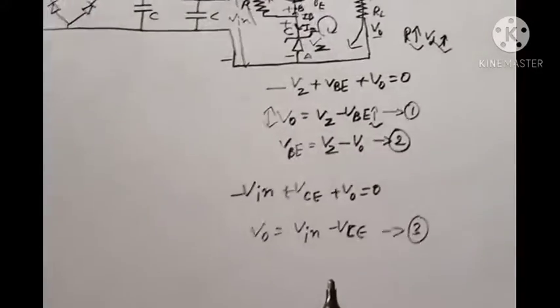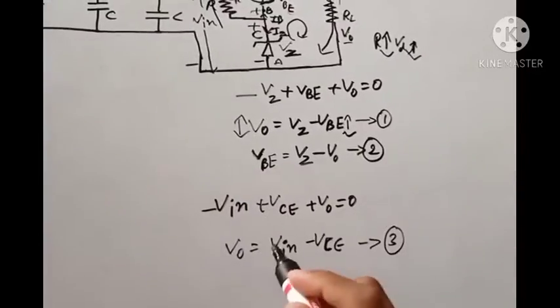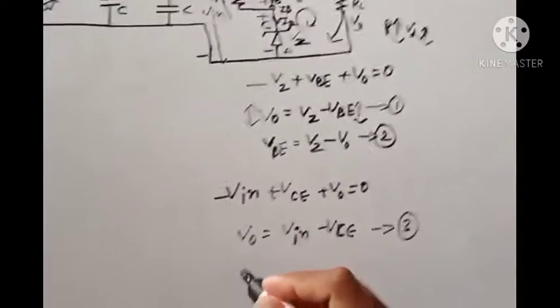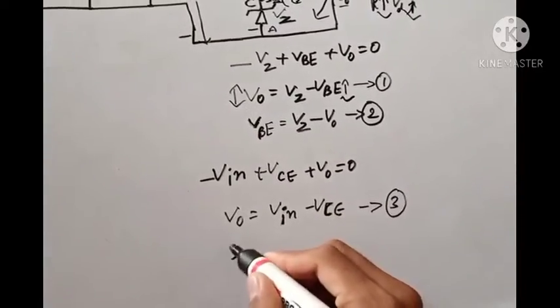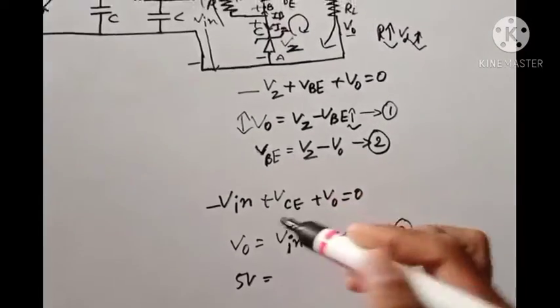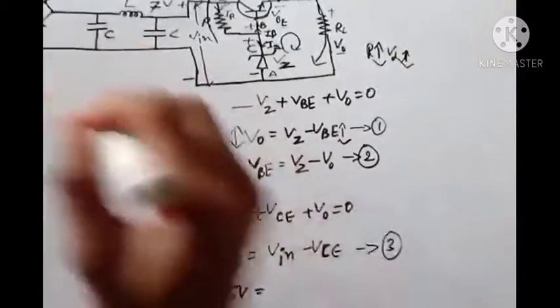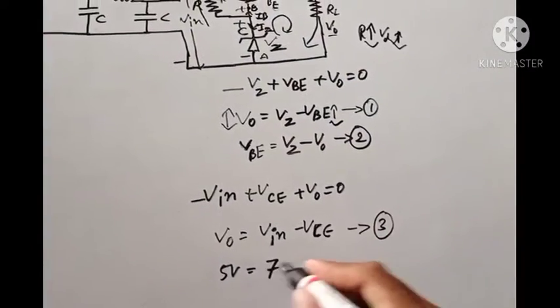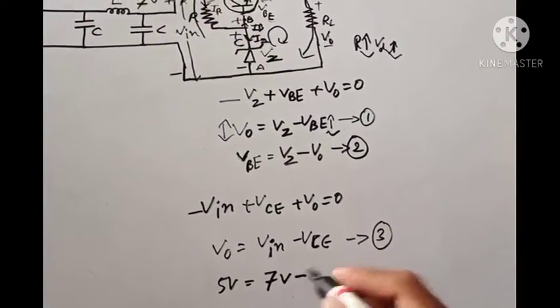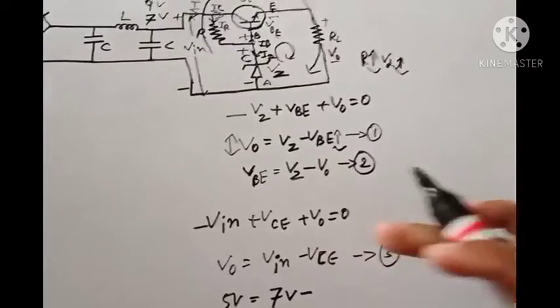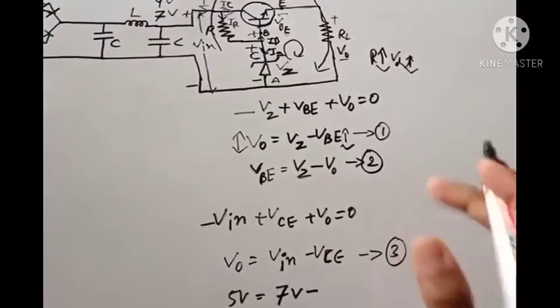So let's take an example. Let the output voltage be 5 volts and the input voltage be 7 volts, right? And the VCE voltage, as I said, the transistor acts as a variable resistor.